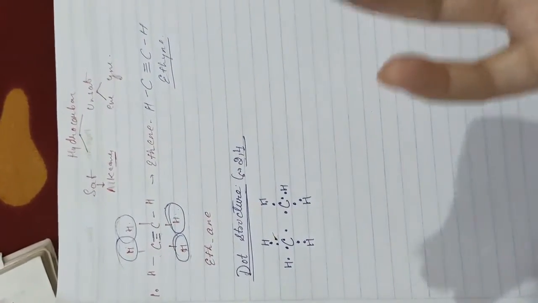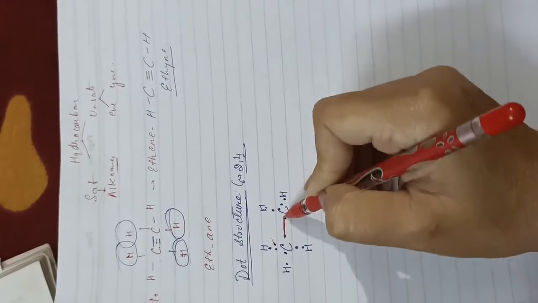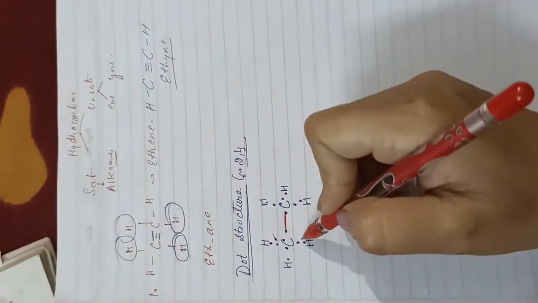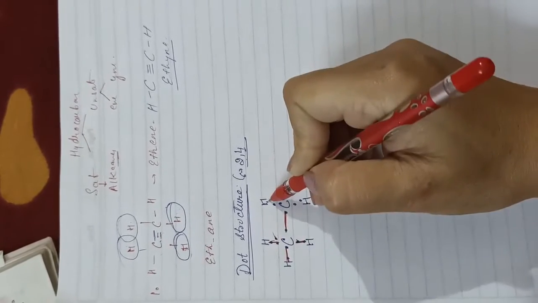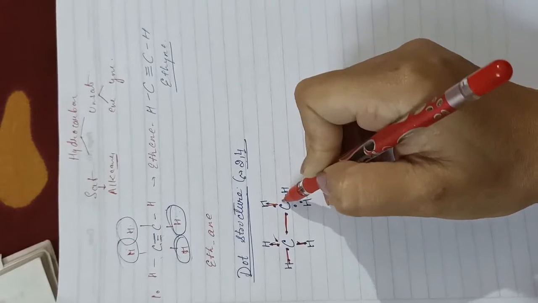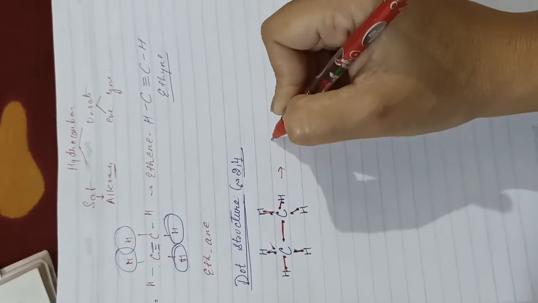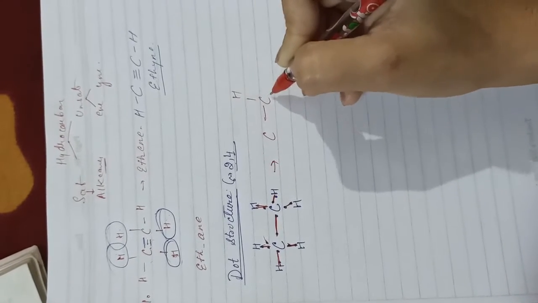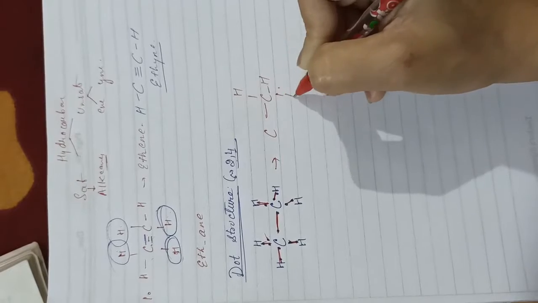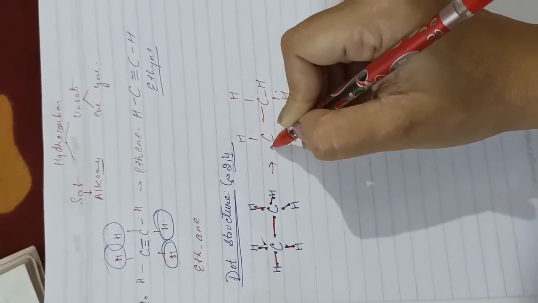Now we have to find how the structure formation takes place. A single bond forms, these two join, this hydrogen will join, this will join. We can make it like this: C single bond C, with H, H, H on each, three hydrogens and three hydrogens.